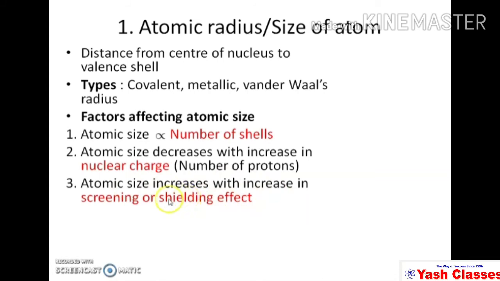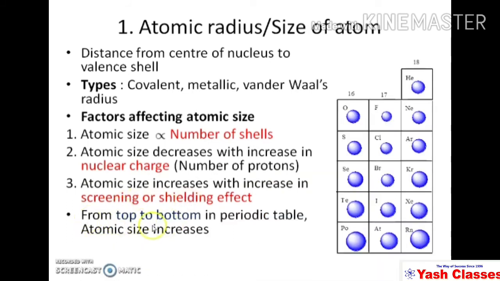So these electrons form some type of screen in between nucleus and outermost electron, and this screen opposes the force of attraction between nucleus and outermost electron. So the total result of this is that atomic size increases with increase in screening effect. From top to bottom, screening or shielding effect increases, atomic size also increases. So as I said, from top to bottom in periodic table, atomic size increases.